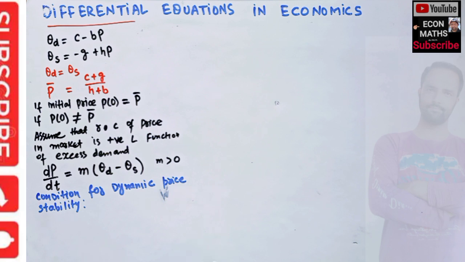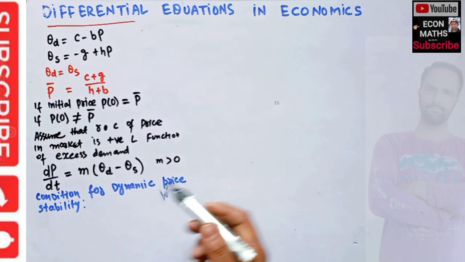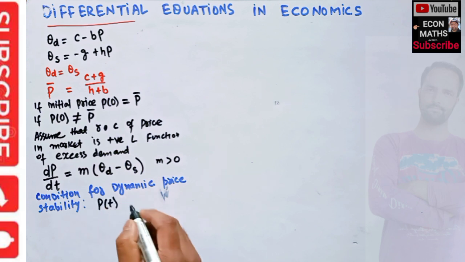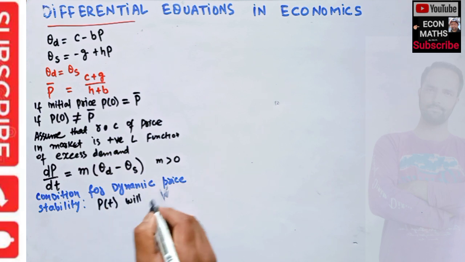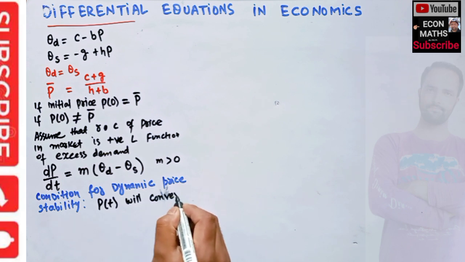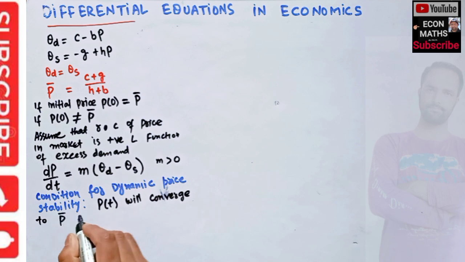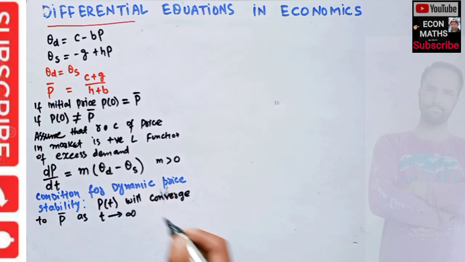Okay, we want to find out under what conditions our P(t) will converge to the equilibrium price, that is P bar, as t tends to infinity. So we need to find out this, and it can be calculated like this.